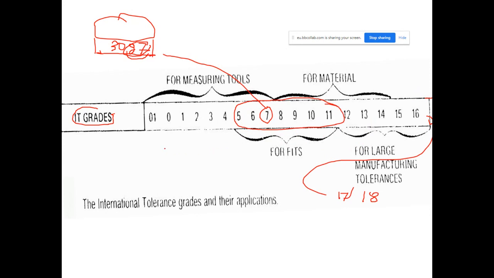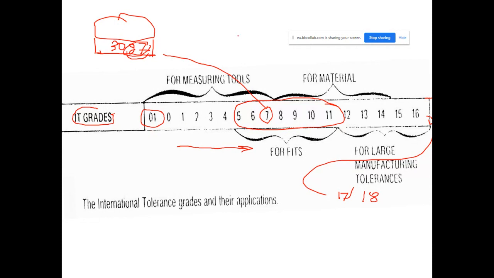While the IT grade corresponds to tolerance values, the deviations increase in this direction. The minimum deviation for a certain nominal value comes from this IT. If the IT grade number is 0.1, then this deviation is the smallest.